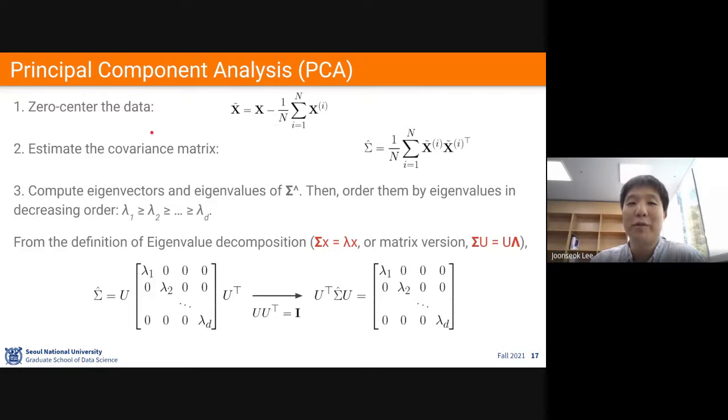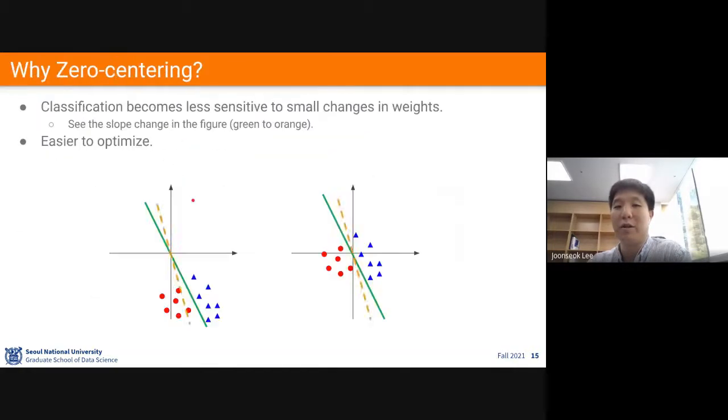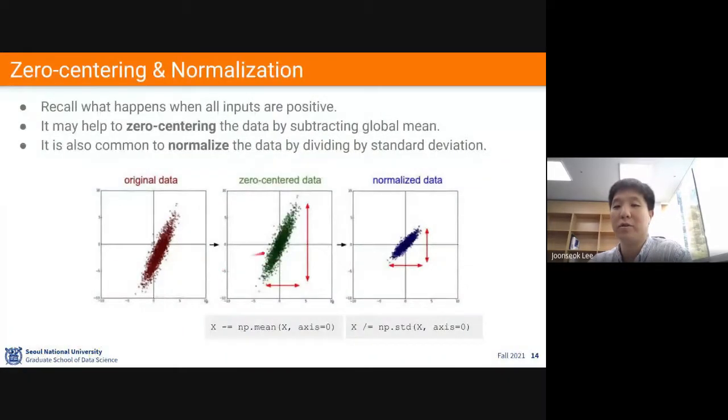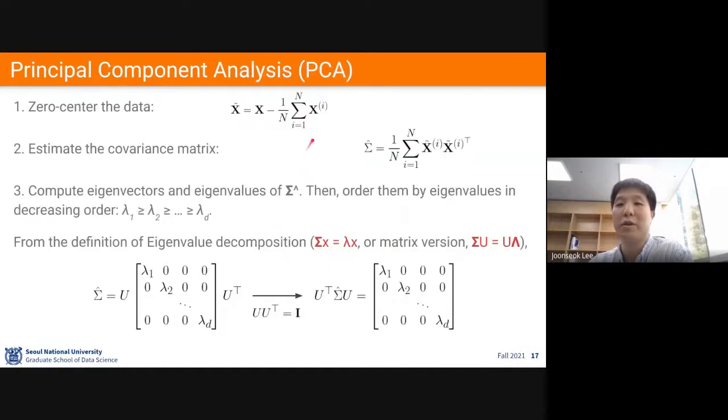First, you are given some data, x, and we do the zero centering, which is just subtracting the mean of each dimension, translating it to the center. So we have x tilde, which will be our data set from now on.